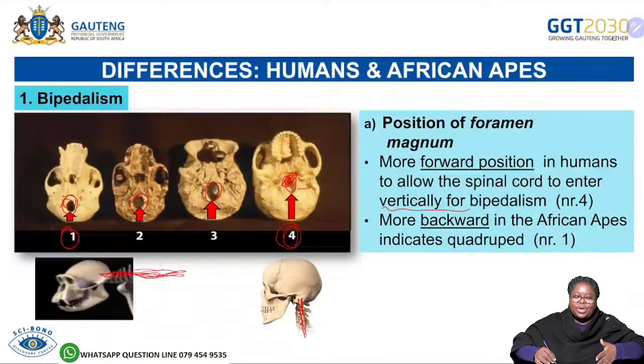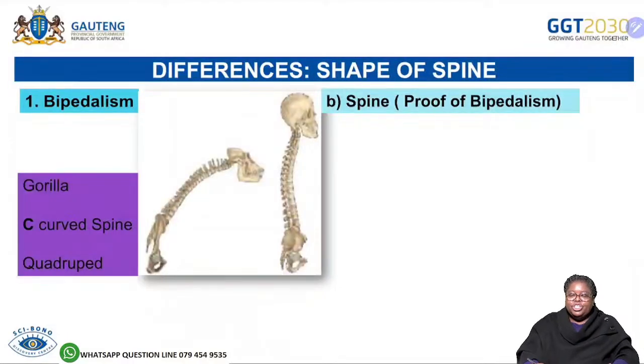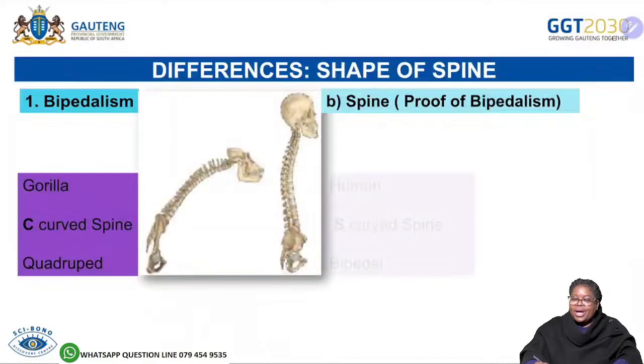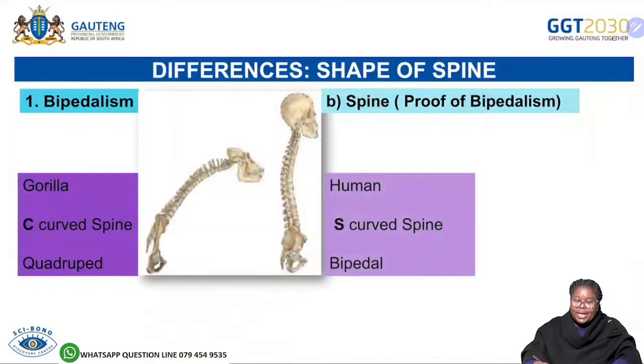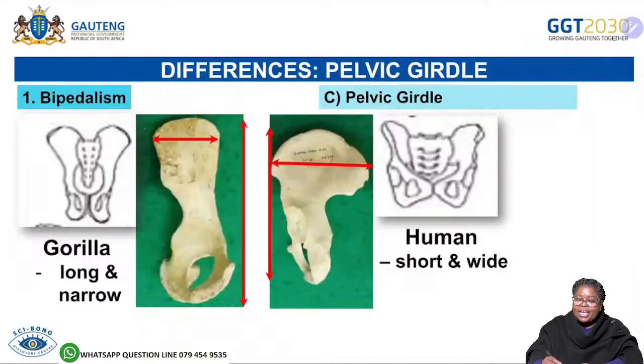On the forelimbs and the hind limbs. Difference in shape of spine. So in terms of the spine, if you look at the humans, the spine is S-shaped, and then with apes, the spine is C-shaped.